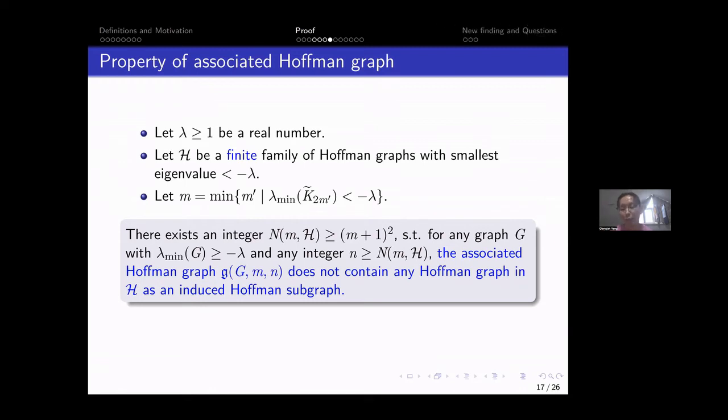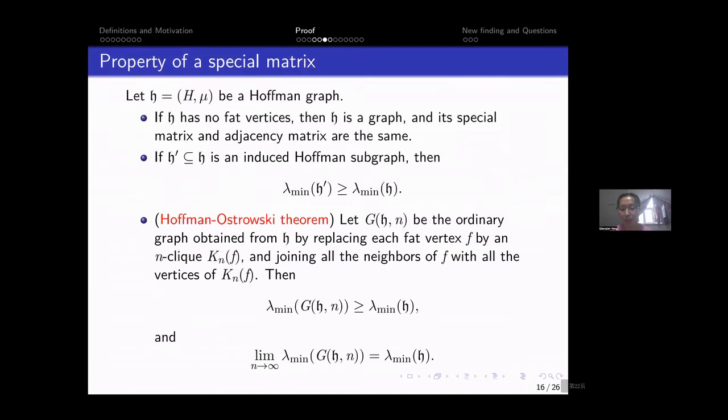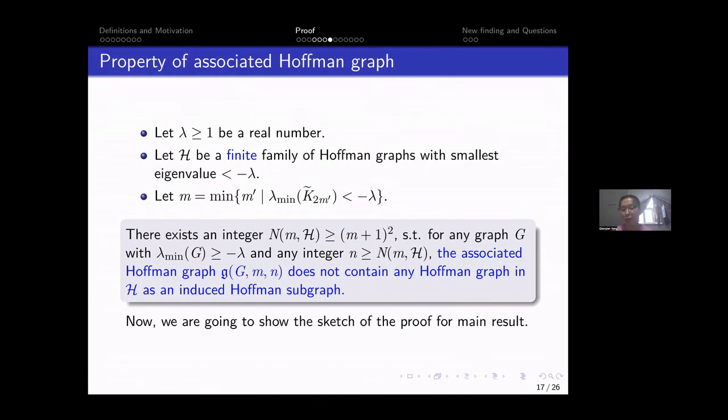Now we have given all we need and finished the preparation. Now I'm going to do the last step of this part and give a sketch of the proof, showing how we use Hoffman graphs to show the result.